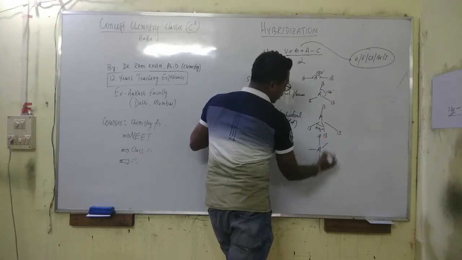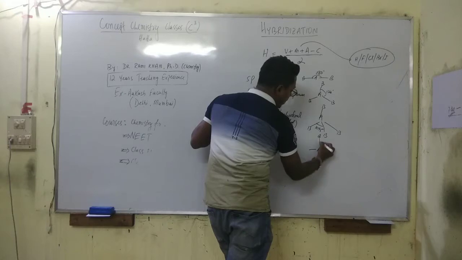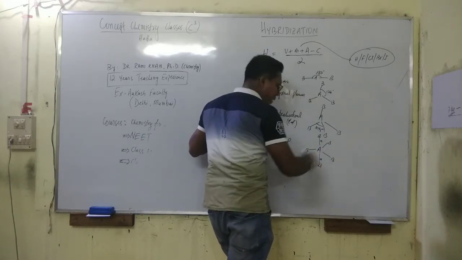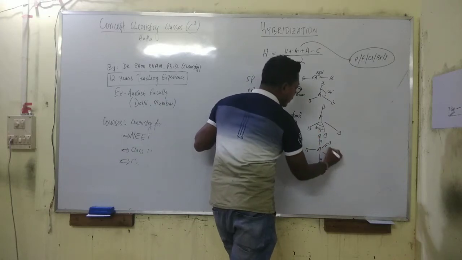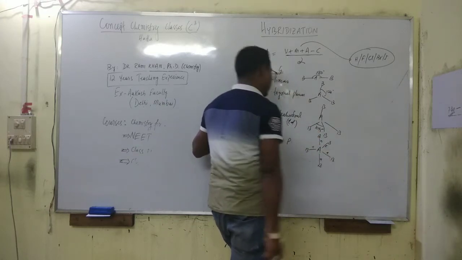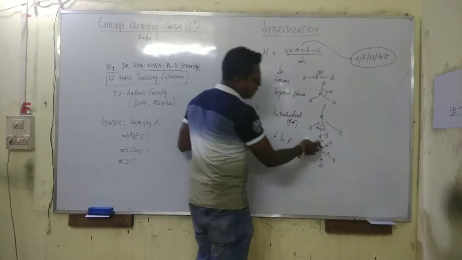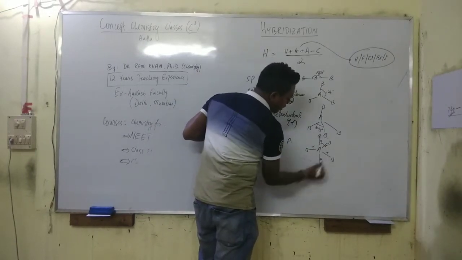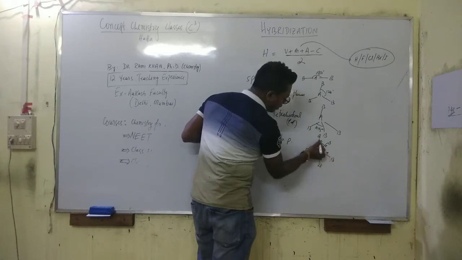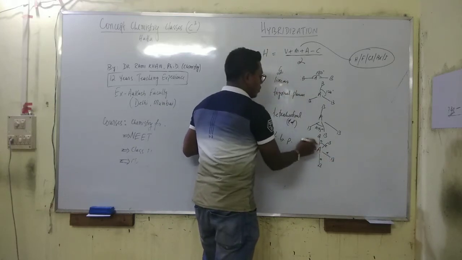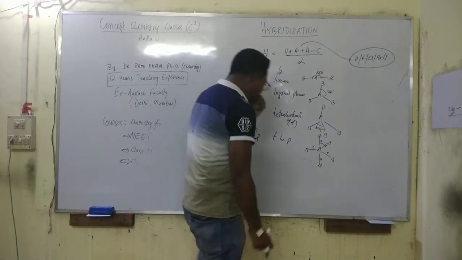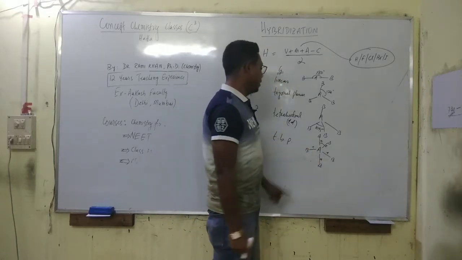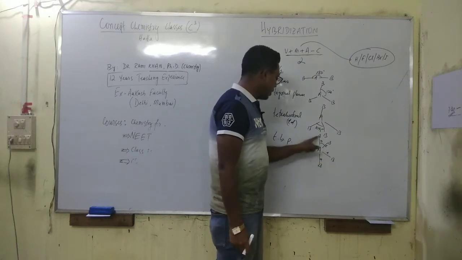These two are called axial bonds, and these three which are in plane are called equatorial bonds. The angle between an axial and equatorial bond is 90 degree. This is 90 degree, this is 120 degree, and this is 180 degree. So three different angles are here in trigonal bipyramidal: 90, 120, and 180.